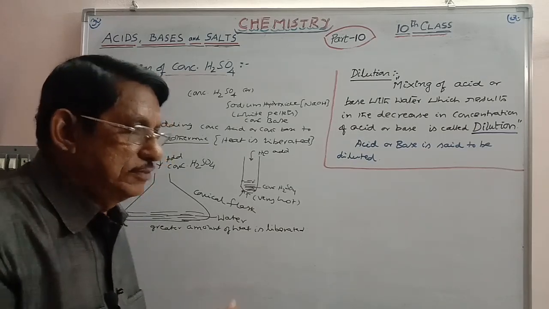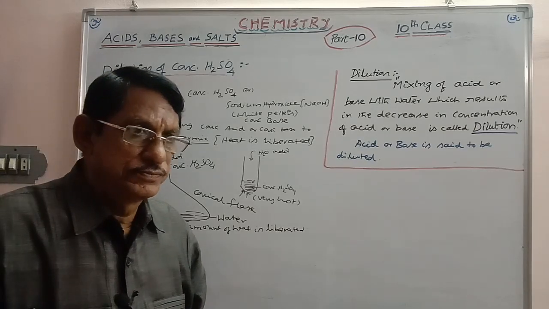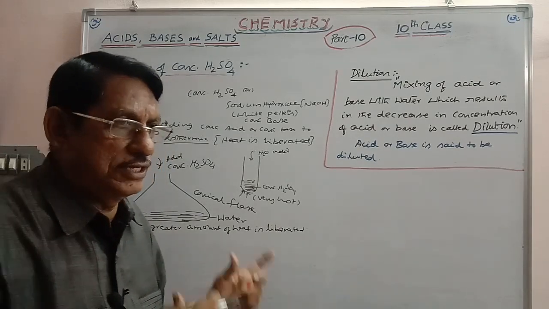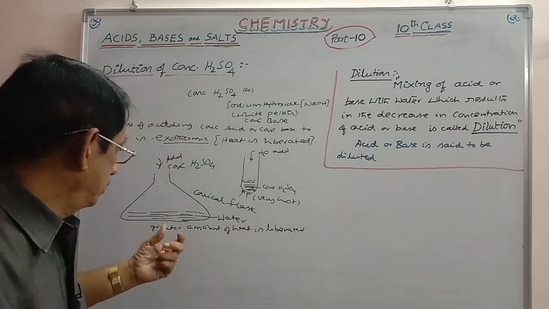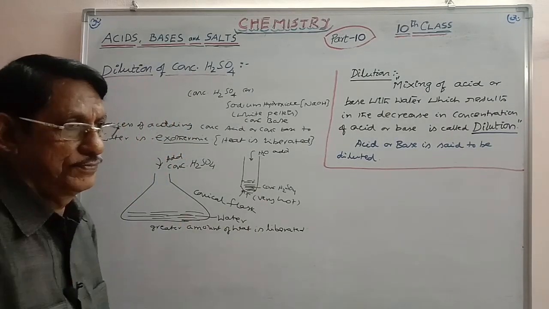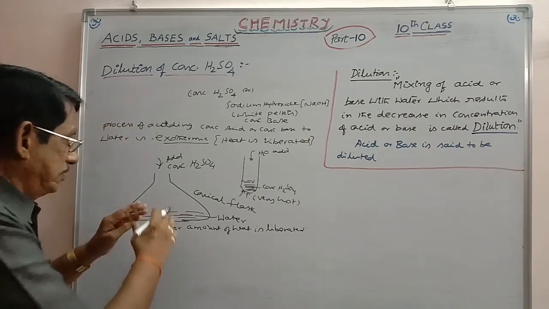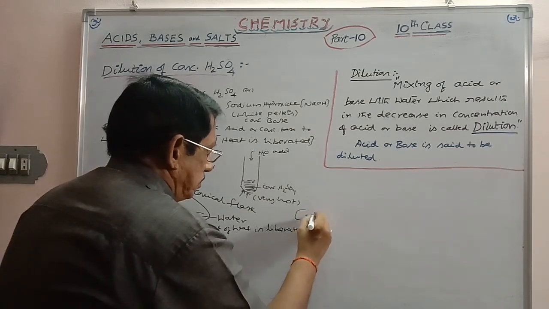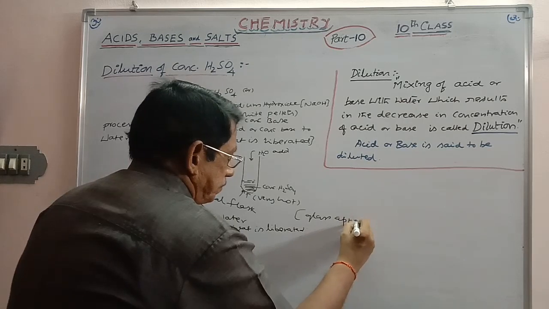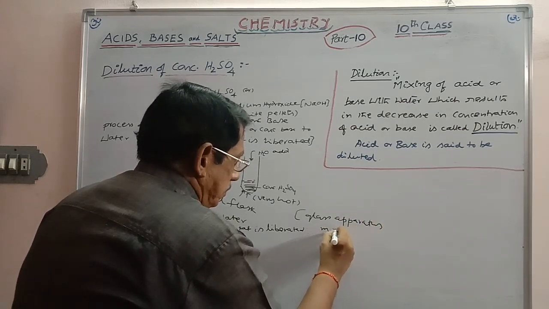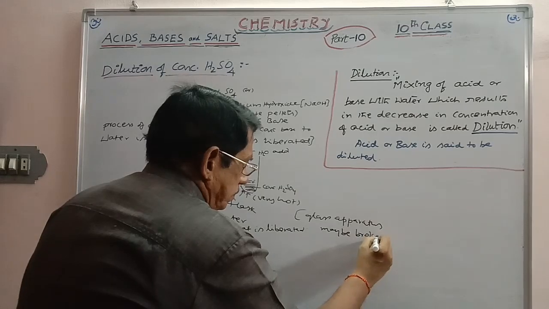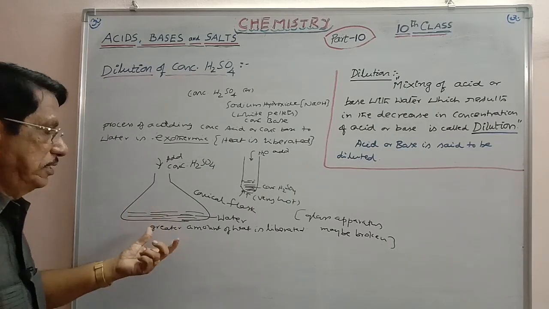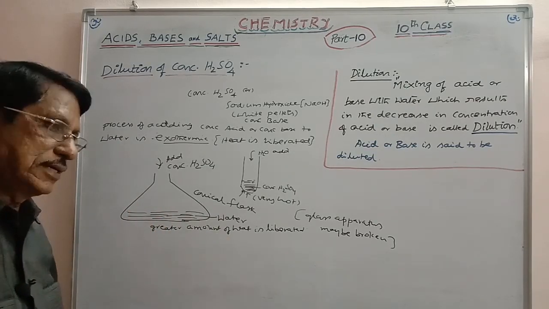And that mixture may fall onto your body. It causes burns, that means damage. If the amount of heat liberated is so high, even the glass apparatus may be broken, and that causes too much damage.